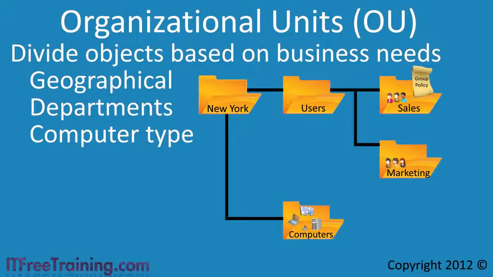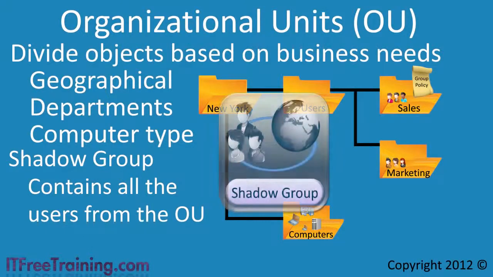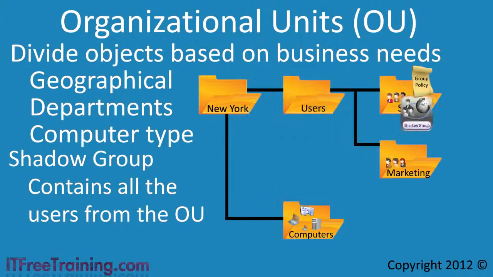In order to use the OU structure that you have created for permissions, Microsoft introduces the concept called a shadow group. A shadow group is a regular Active Directory group that simply contains all the users in the OU. In this example, if I create a shadow group for the Sales OU, this group will contain all the users from the Sales OU.